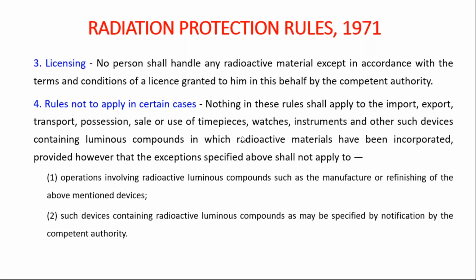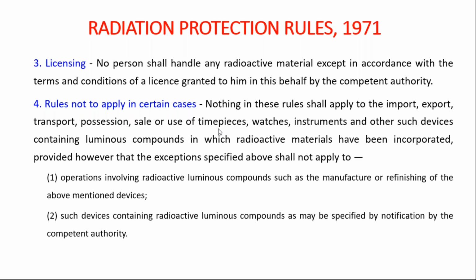So these are some of the exceptional cases where we can use these radioactive sources on a daily basis, but with some guidelines, in watches, different instruments, timepieces, etc. And the Radiation Protection Rules 1971 are not applicable for these applications.